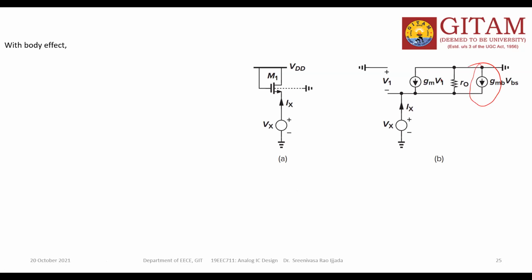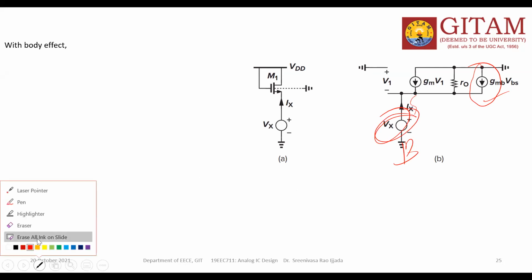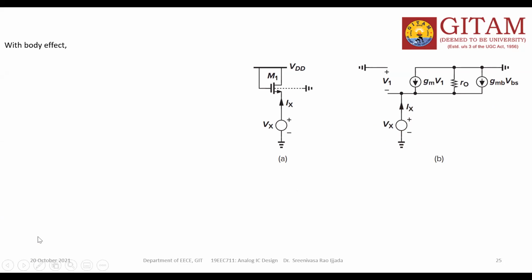The body effect portion, already you know from the last module. So this is gmb into VBS. VBS is nothing but the voltage between the body and the source. This is the source and this is the body. So whenever you consider the body effect, the equivalent circuit will change like this.